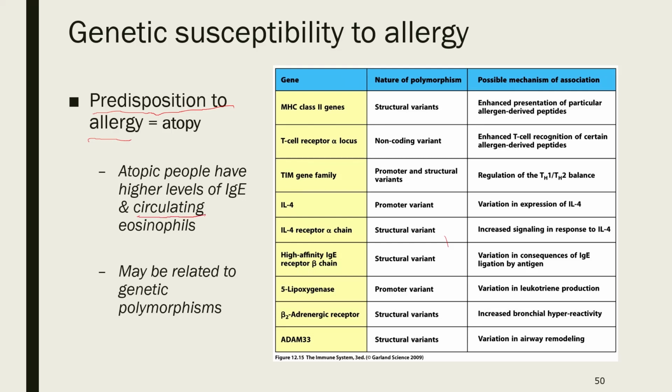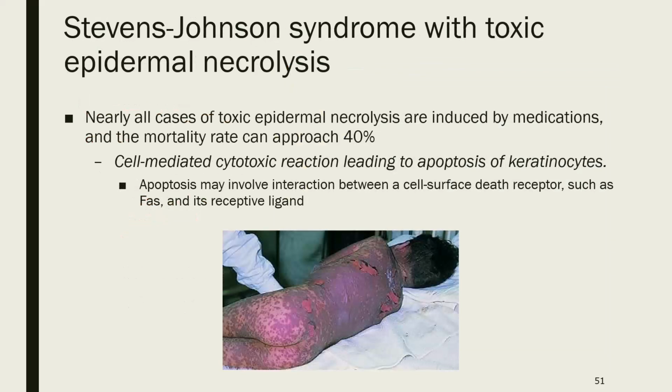Remember, normally these eosinophils are not circulating that much in the blood. So those are part of the factors involved in being more likely to have these types of reactions. Now here is a label in terms of polymorphisms and all these. You don't need to memorize these things in great detail.